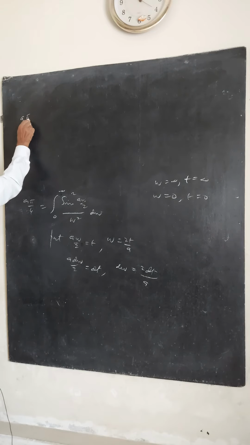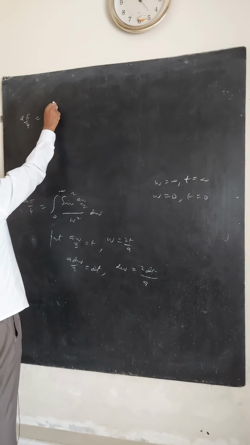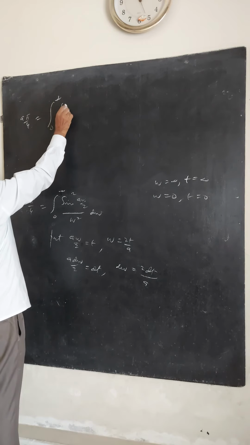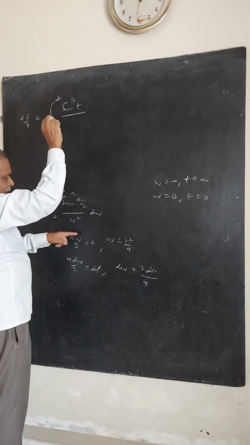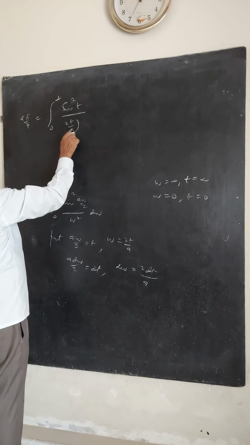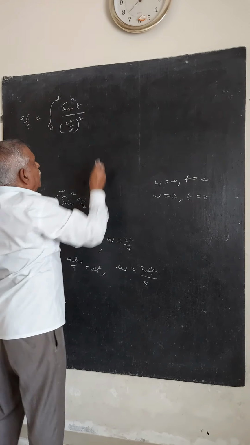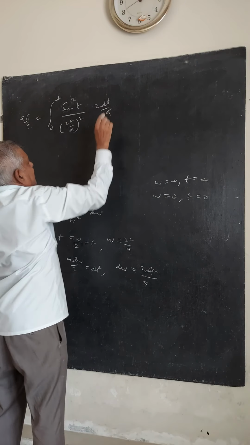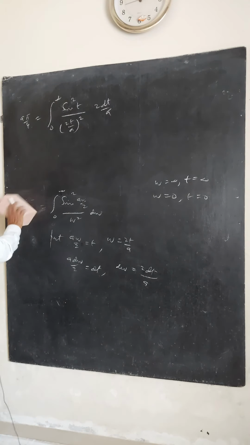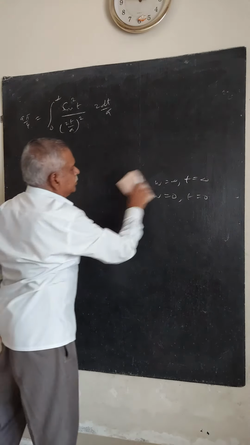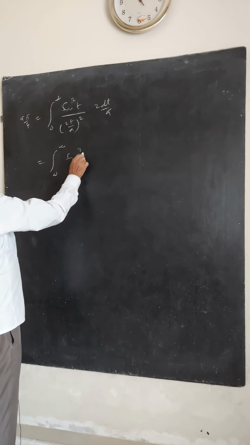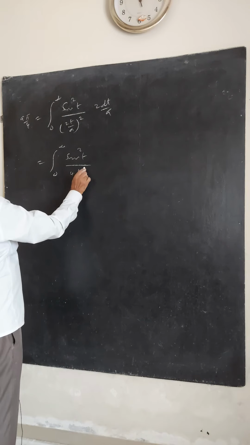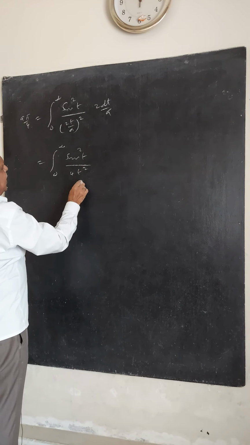a pi by 4, 0 to infinity, sin square t divided by, what is omega? 2t by a, square. What is d omega? 2 dt by a. So 0 to infinity, sin square t by 4 t square by a square.